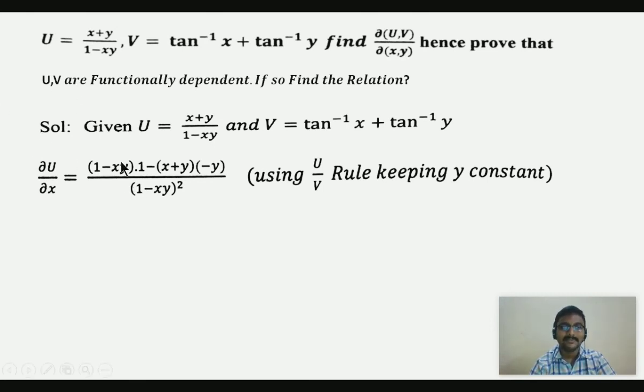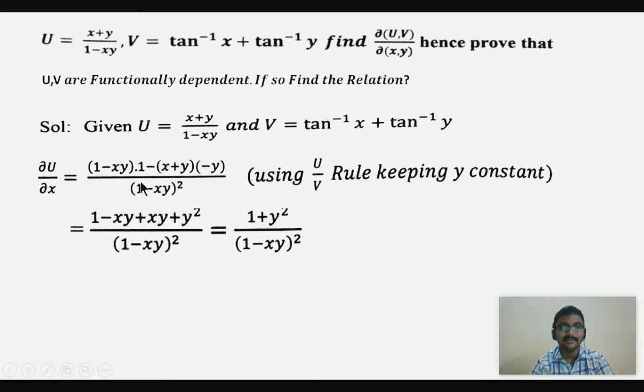So 1 minus xy kept as is, x plus y derivative is 1, minus (x plus y) kept as is, 1 minus xy derivative: 1 derivative is 0, minus xy derivative is minus y, because we are evaluating the partial derivative of u with respect to x, keeping y as constant. Whole by v square, and v square means (1 minus xy) whole square.